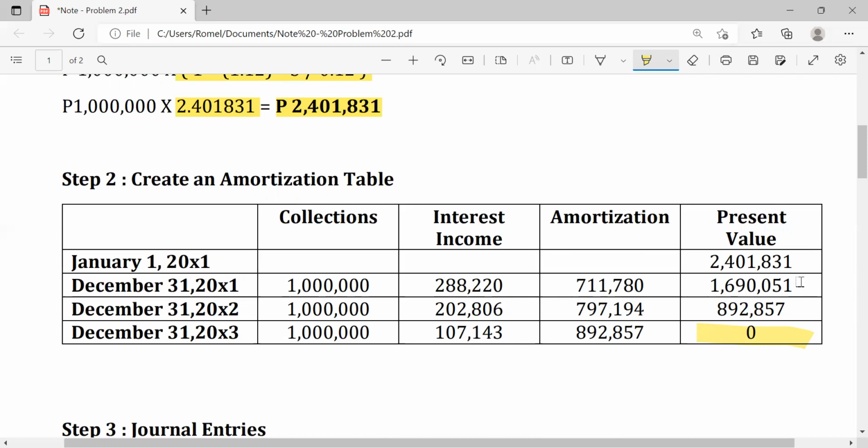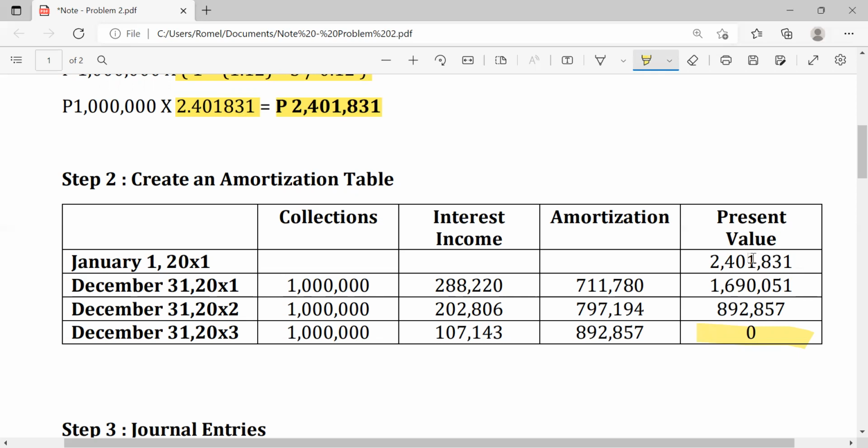Kasi nga, yearly, nagko-collect tayo ng part ng principal. So since we are collecting a part of the principal every year, the present value decreases. Nababawasan ang present value as we collect the installment collections.